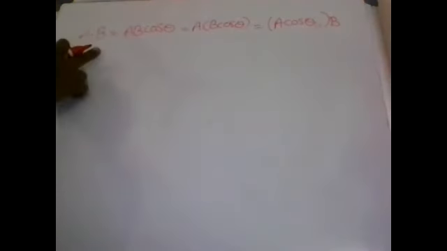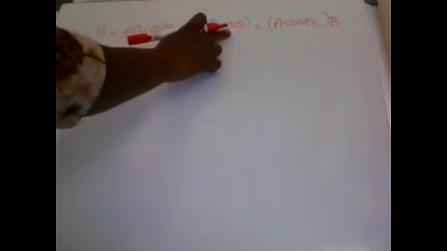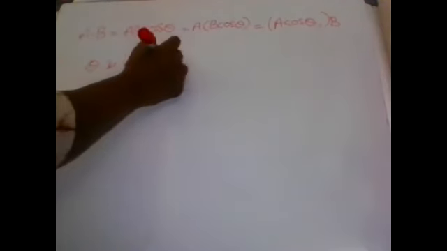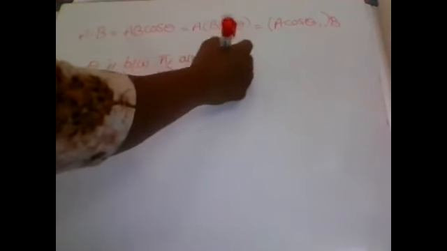We can write this as A into B cos theta, and also as A cos theta into B. So this product depends on the angle theta, and when theta is between pi by 2 and 3 pi by 2, we get a negative value.